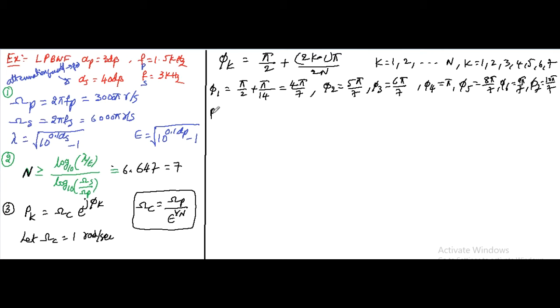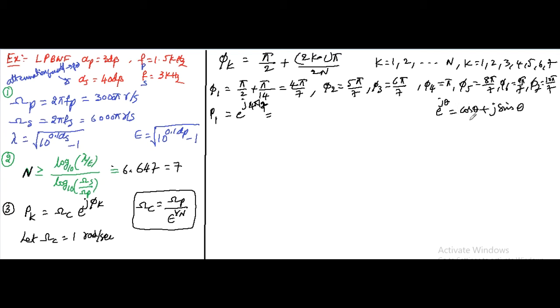From that, directly I am writing now P1. P1 is e to the power of j 4 pi by 7. So try to find the value of this using another standard formula, the e to the power of j theta formula, this one. E to the power of j theta is equal to cos theta plus j sin theta.